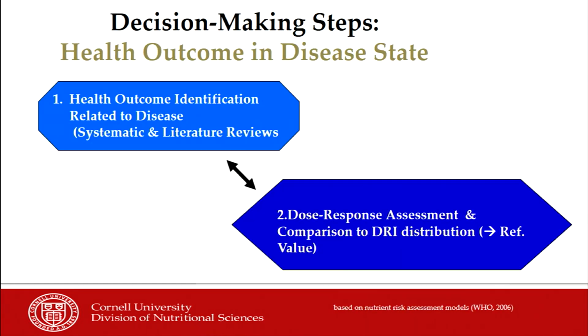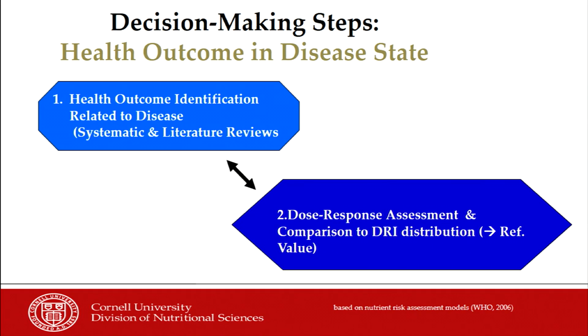So in the issue of special nutritional requirements, these first two steps become very important. The first step is identifying the health outcome related to disease using systematic reviews and additional literature reviews, and focusing either on management or nutritional treatment of the disease.